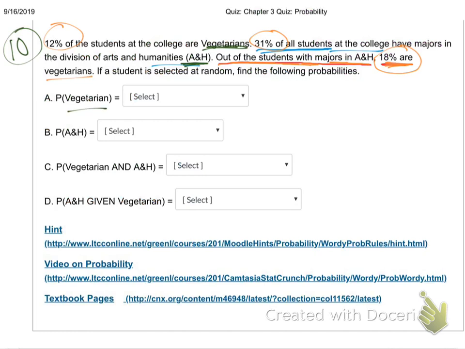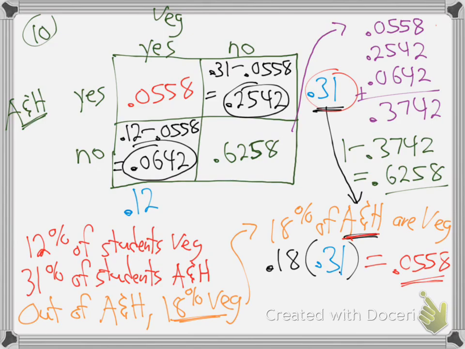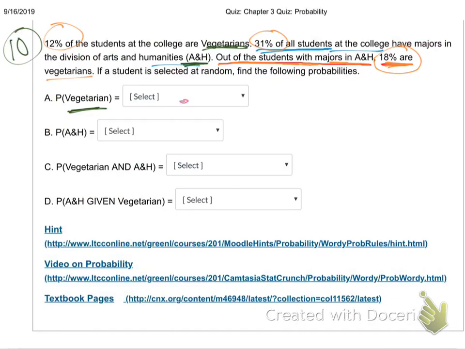Let's answer the question. What's the probability of vegetarian? If you grab somebody random out of their group, what's the chance they're a veg? It is just the 0.12. Right, that's all the veg people. Just 0.12. We just read it right off there.